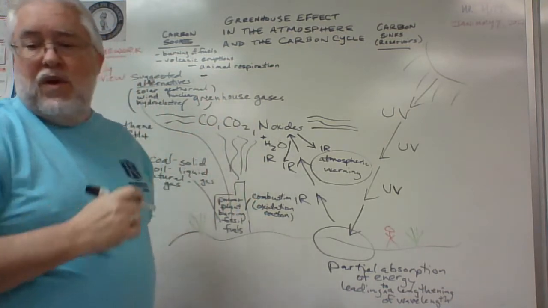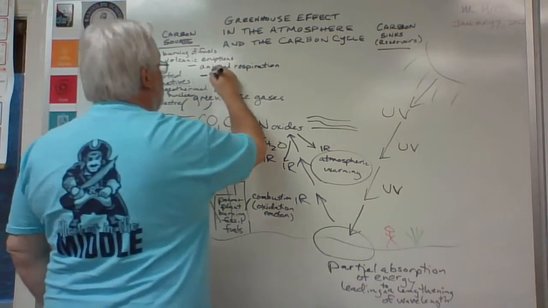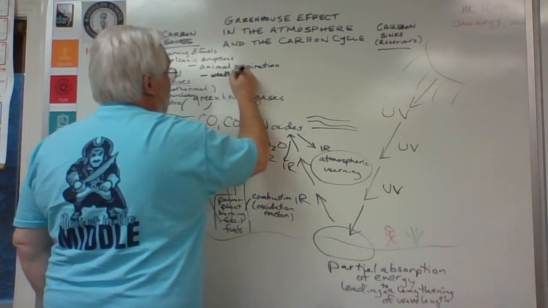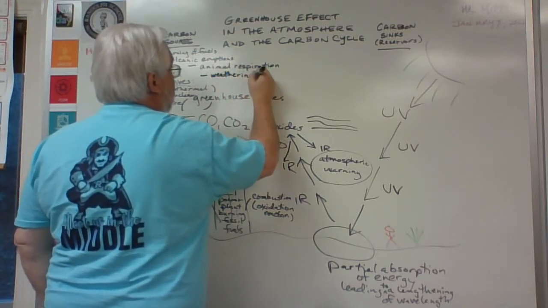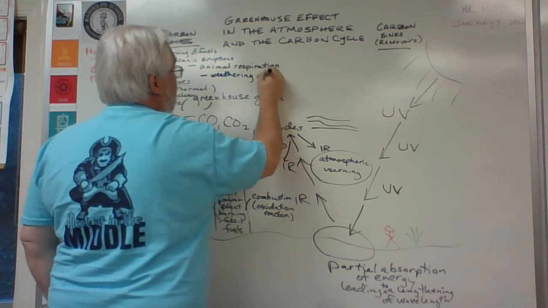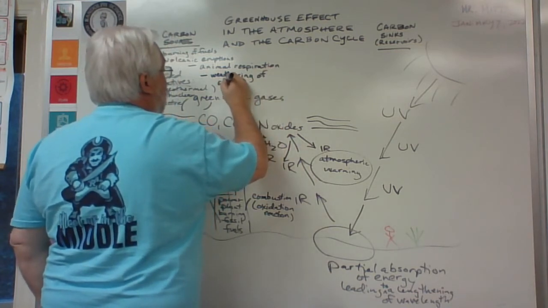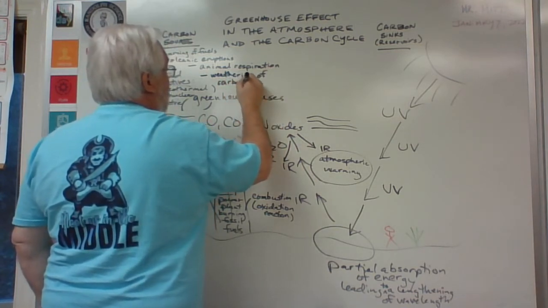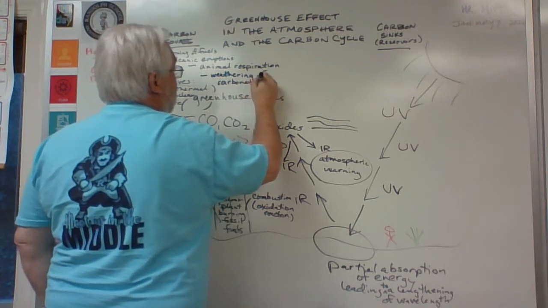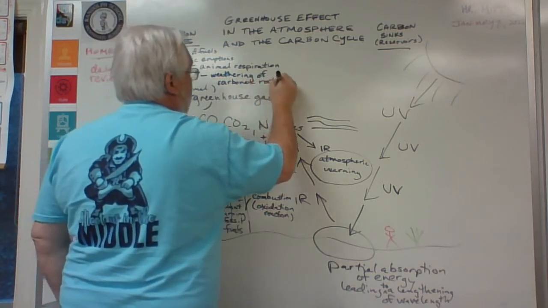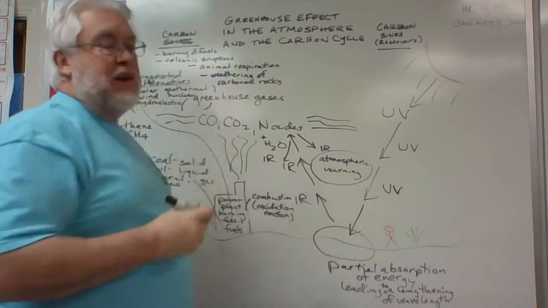The final one that we're going to list here is the weathering of carbonate rocks. There are a lot of carbonate rocks on our planet. And as these things weather, carbon dioxide is released into the atmosphere.